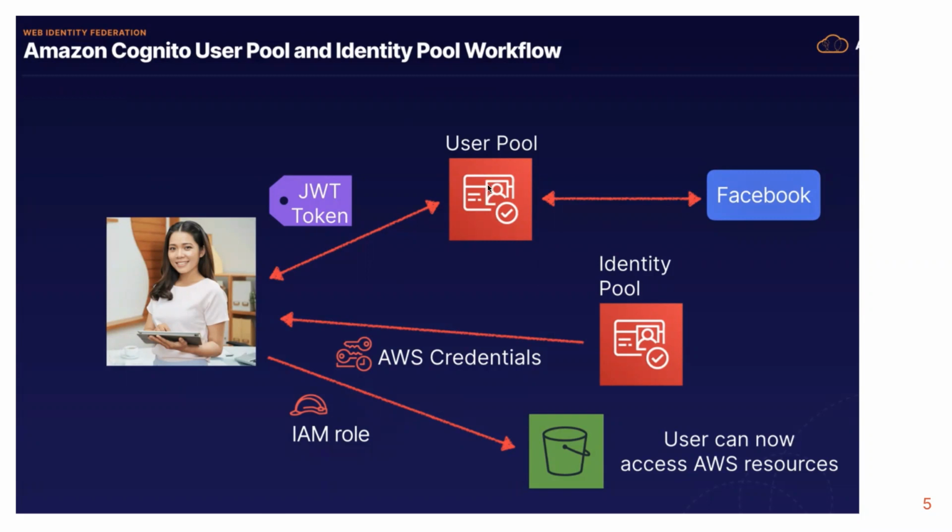It will ask you to log in to Facebook, because your account is probably signed up with Facebook or Gmail or whatever the other social logins are. Once you log in there, you prove your identity. Based on that identity, Amazon Cognito will recognize the user and then give you a JWT, which is a JSON Web Token, which will have your username, user information, and all the other details.